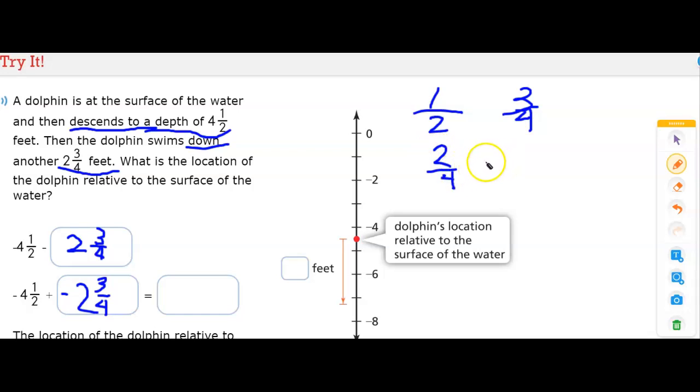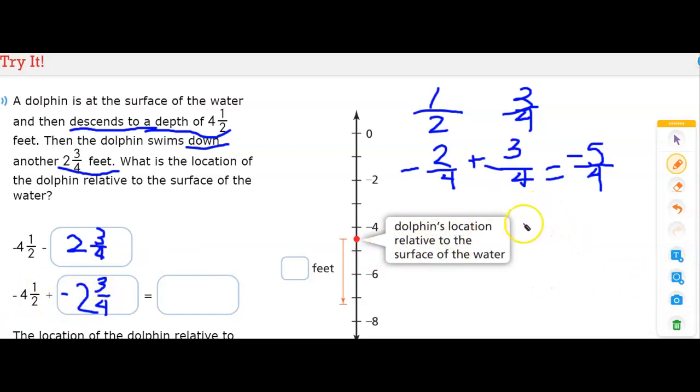So we're adding these two negative fractions together. -2 plus -3 is -5, and then we have it over 4. And then you have your whole numbers, -4 and -2. That is equal to -6.